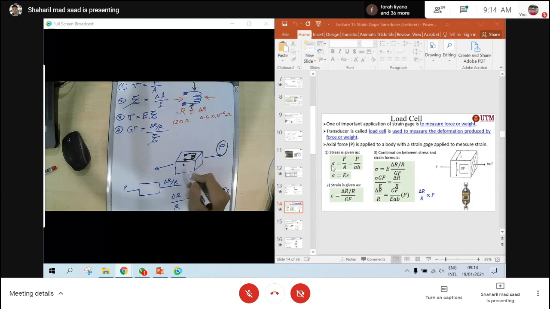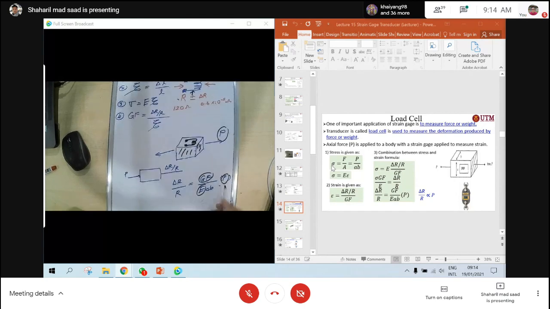Of course, when you want to buy any material, you need to know the Young's modulus of it. And AB means the area. This area depends on the material or object that you are going to use in order to develop an instrument. If you use a square, the area will be A times B.